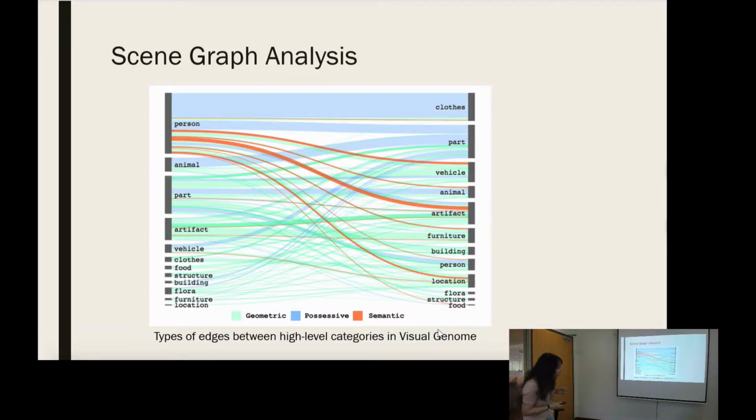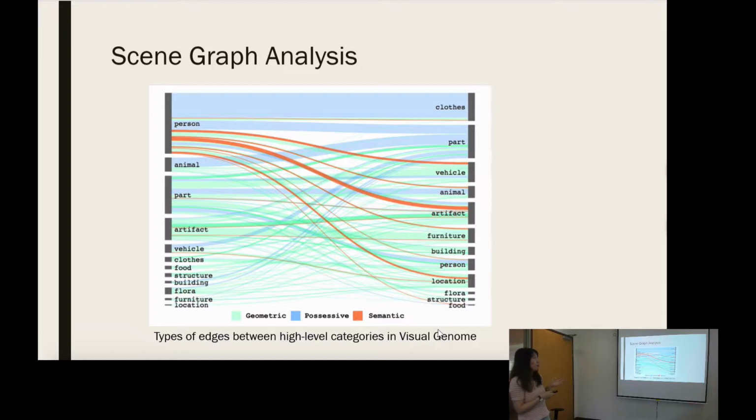And for example, the furniture and the building are mostly linked by the geometric relations. And we can see almost all the semantic relations are conducted by the person, like reading, eating, something that gives meaningful semantic meaning, are conducted by a person.